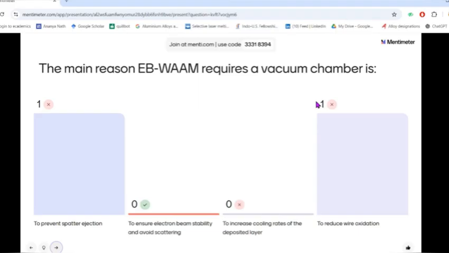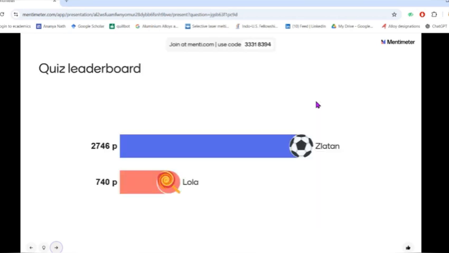Whenever you are working with an electron beam based system, you have to have a very high vacuum chamber. Otherwise, your electrons are very lightweight particles. That's why. And in return we get reduced oxidation as it's a vacuum. So it's like an advantage. It's not the cause. It's not the reason.